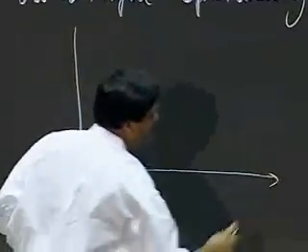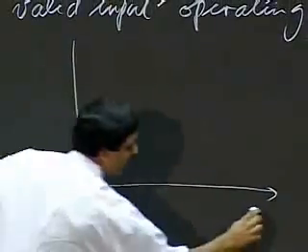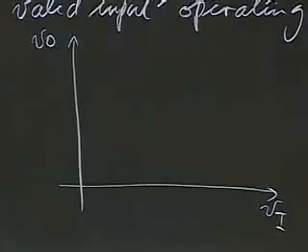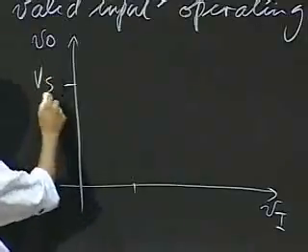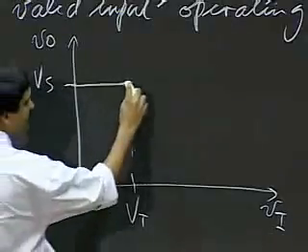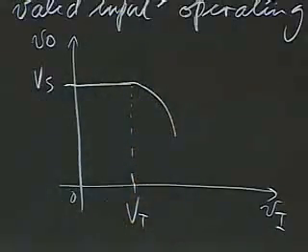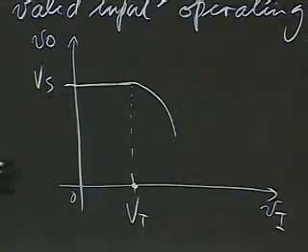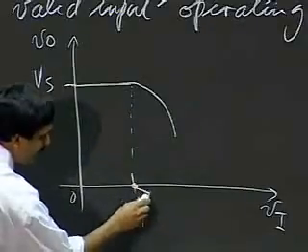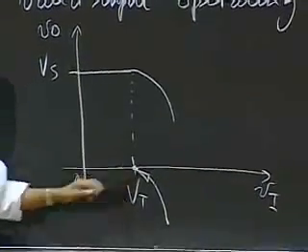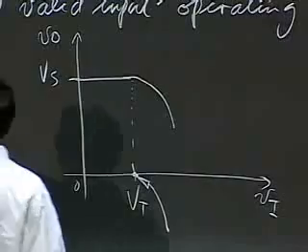So let's start with the intuitive part. So here's Vi, Vo. I'll use the transfer curve, V naught versus Vi, to help build intuition here. So that's what it looks like. Looking at this graph, we know that Vi needs to be greater than Vt to satisfy the first equation.